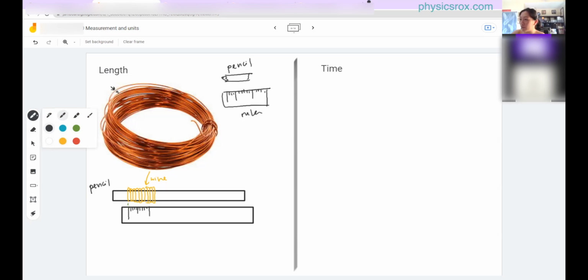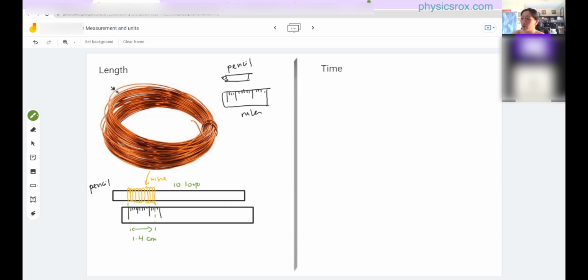And then we measure. We have counted 10 loops here. When we measure the length, let's say we get, for example, 1.4 cm.